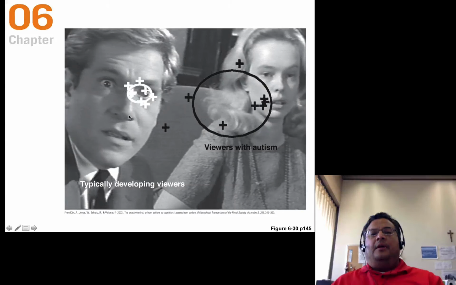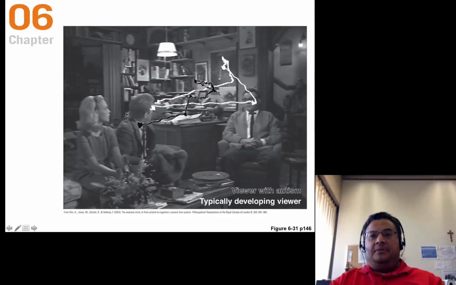A non-autistic person is going to focus right here, because this is where the attention is in this shot, as we observe the reactions of this actor to whatever is happening in the plot. An autistic person, however, is just going to be looking at things randomly and not really paying attention to the thing that they should be paying attention to.